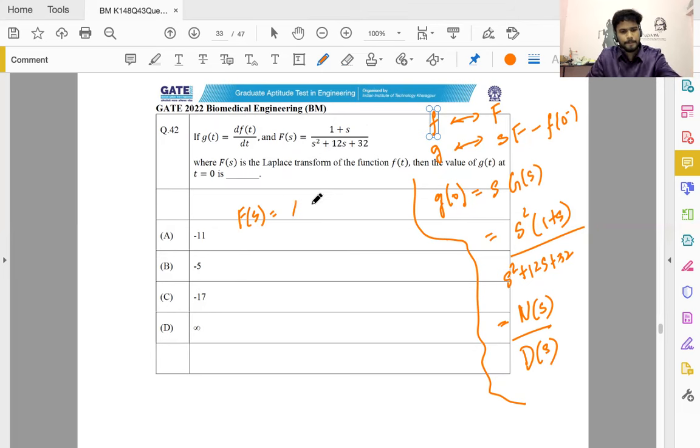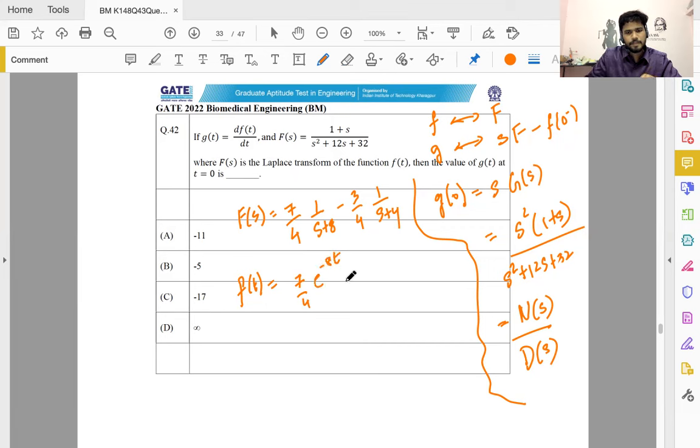I got 7 by 4 into 1 by s plus 8 minus 3 by 4 into 1 by s plus 4. Okay, so your f of t technically is 7 by 4 e power minus 8t minus 3 by 4 e power minus 4t.